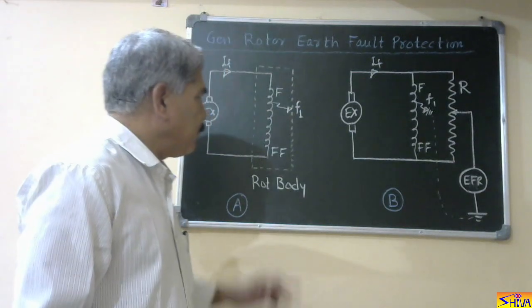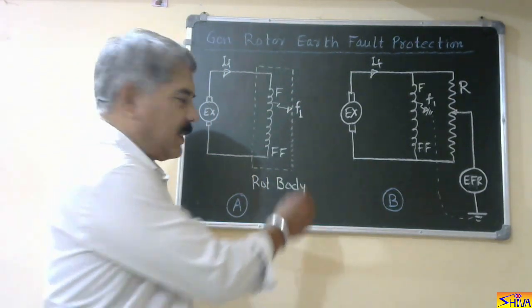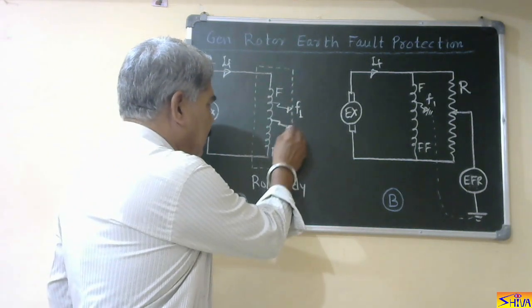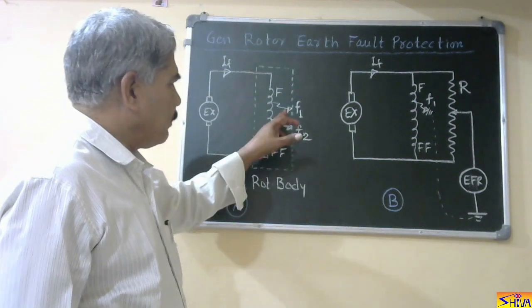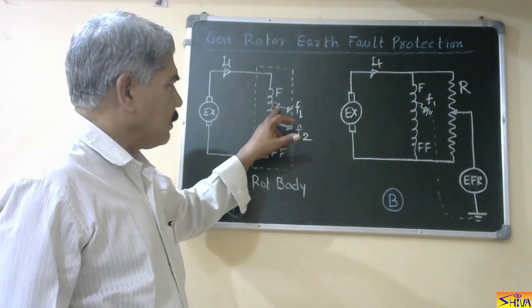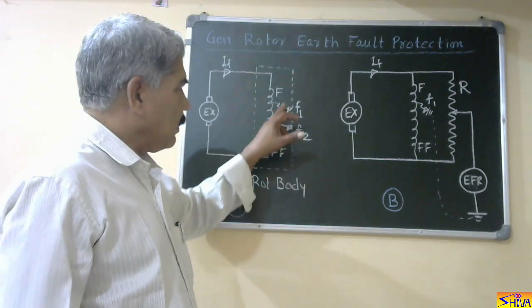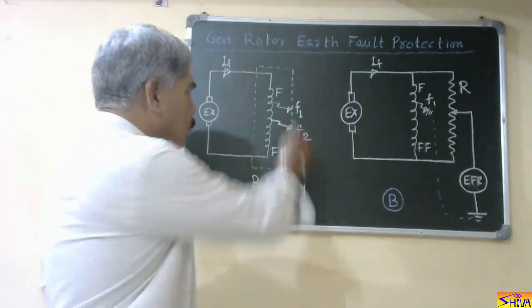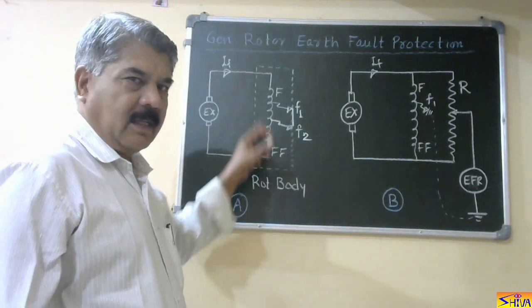Now let us say at some other part of the winding also, the insulation gets damaged like this. So what will happen? This part of the winding is touching the rotor, this is also touching the rotor. Now it is metallic body. So there is short circuit. So current starts flowing in the rotor.